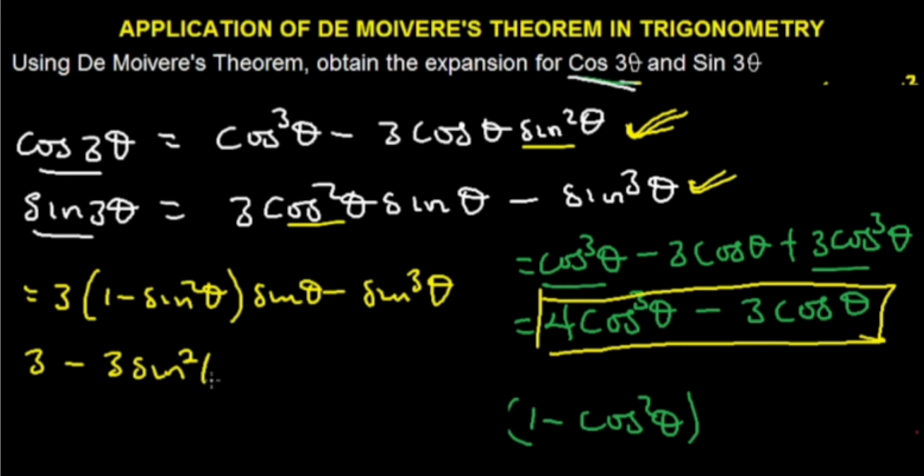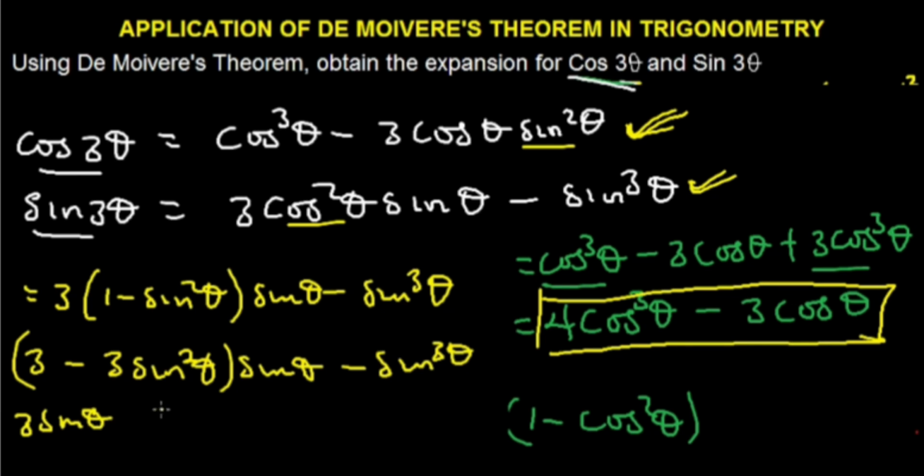Opening this bracket, I will have 3 sine theta minus 3 sine cube theta, then minus sine cube theta.